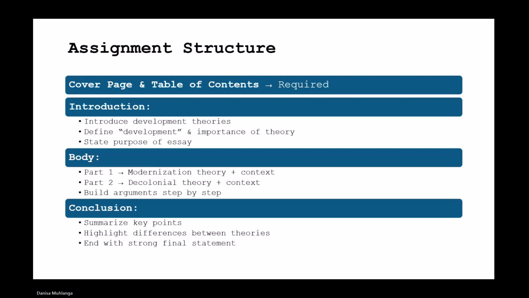But now when you start writing, the first thing you need to know is that your assignment has to be structured. What are the things that are required for my assignment? Because if your assignment is not structured, if this is missing in your assignment, you lose marks.